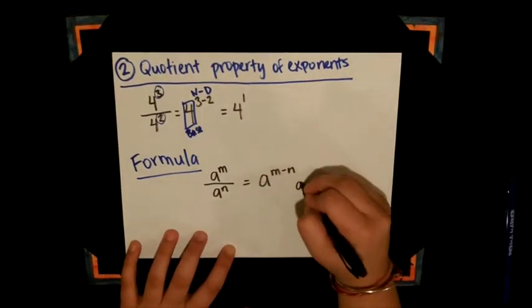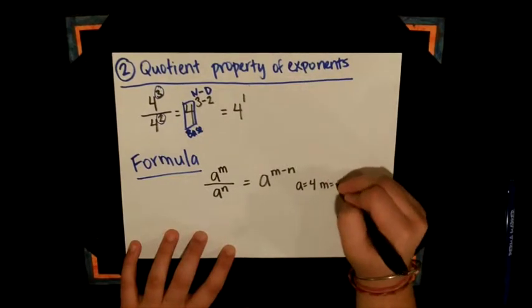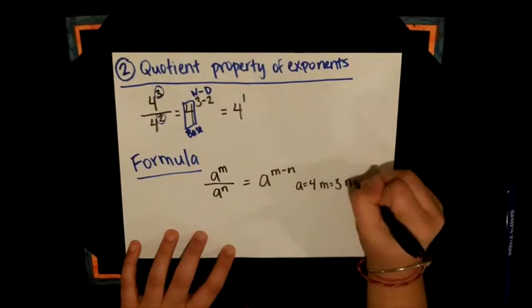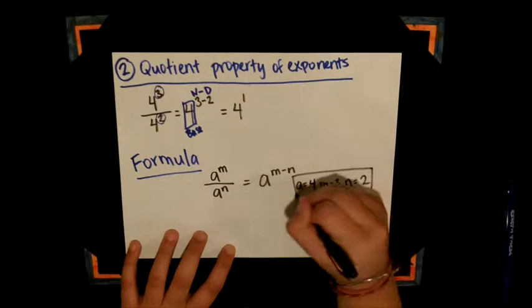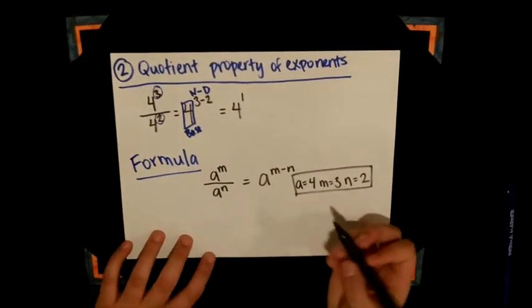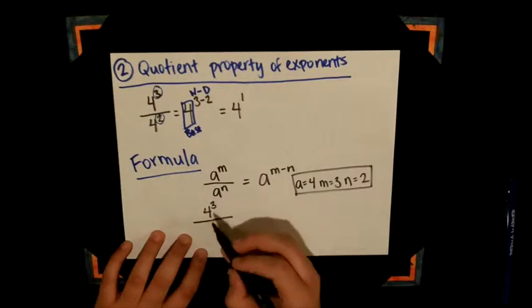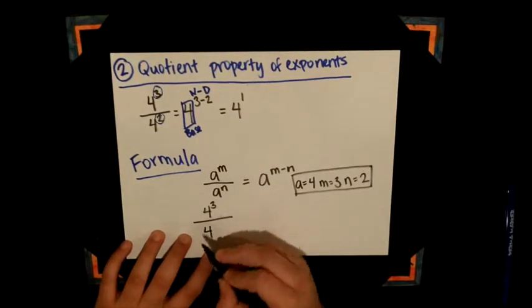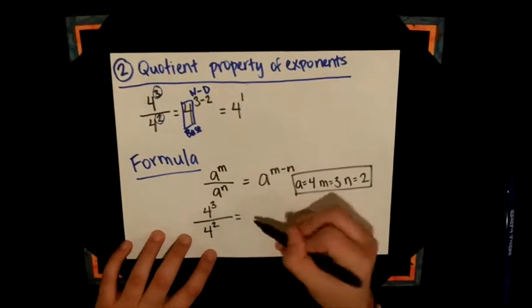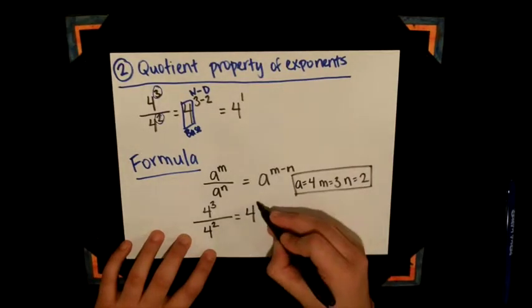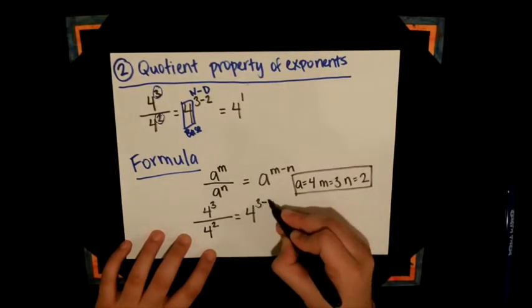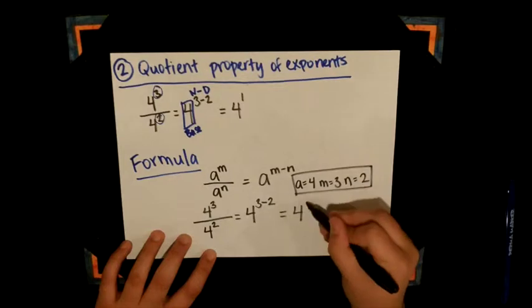A equals 4, M equals 3, N equals 2. 4 is A, 3 is M, divided by 4 is A, 2 is N, which equals 4 to the 3 minus 2, which equals 4 to the first, which equals 4.